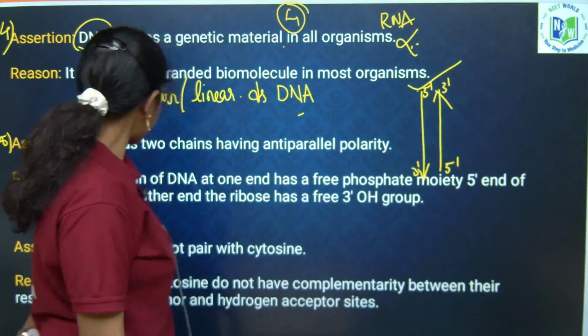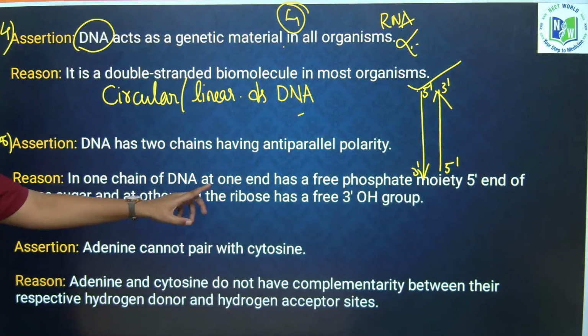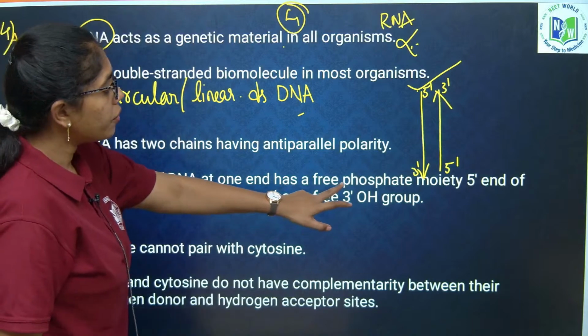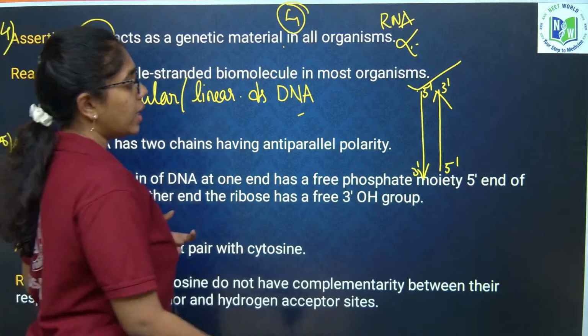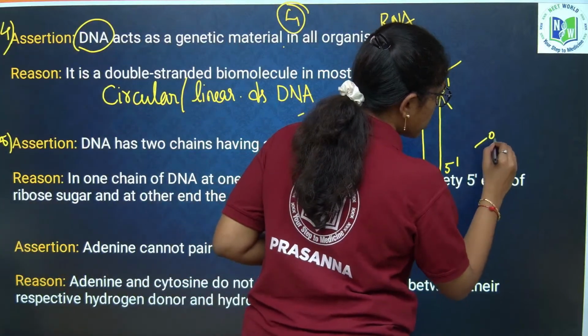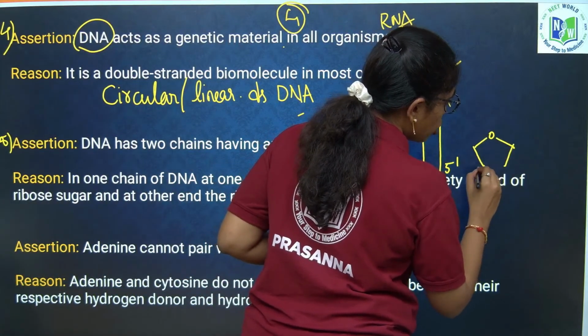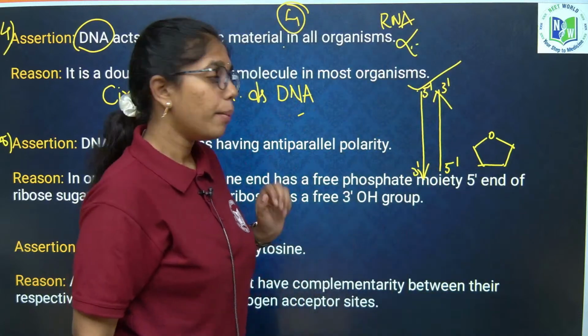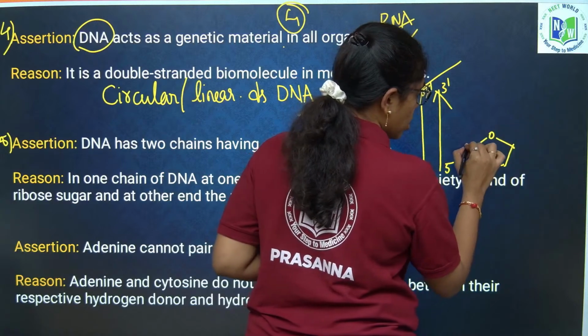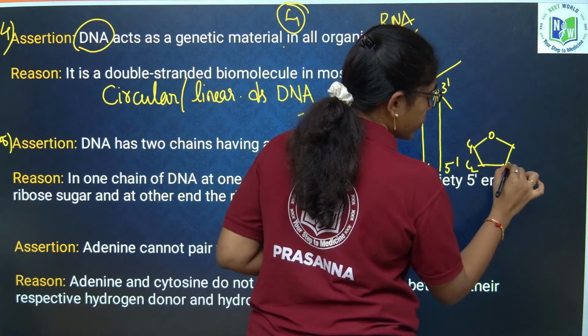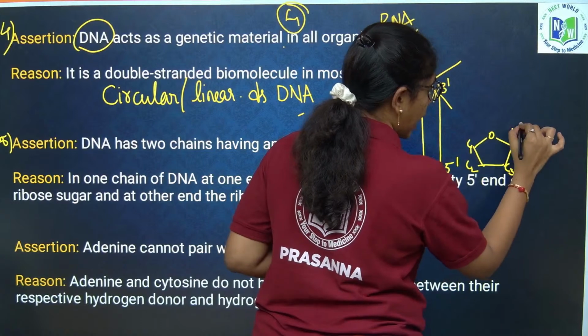In one chain of DNA, one end has a free phosphate moiety at the 5 prime end of the ribose sugar. Yes, ribose or deoxyribose, it is a pentose sugar, right? It is what sugar, beta? Pentose sugar. So yes, it has 5 carbons: 1, 2, 3, 4 and 5.